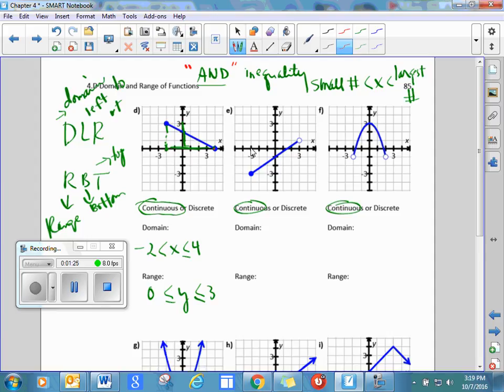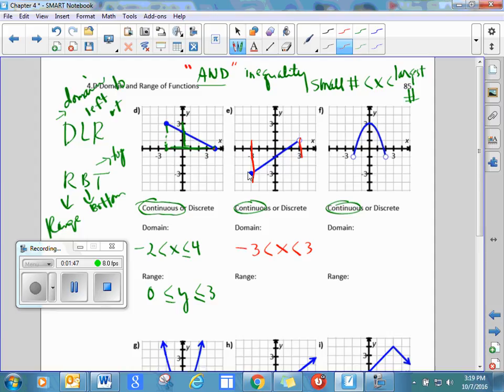So this guy right here, and this guy right here are the endpoints on the x-axis. So -3 is our smallest x, and our largest x is +3.